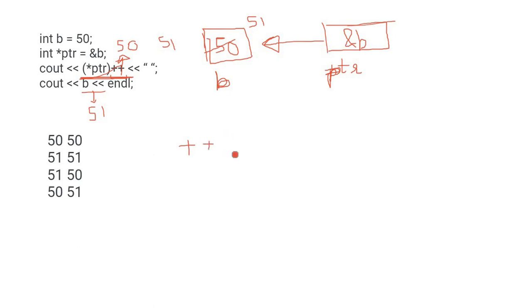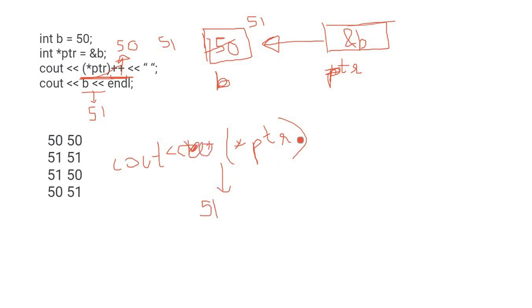Always remember, if it had been ++*ptr and we had done cout, then it would print 51 at this very stage.